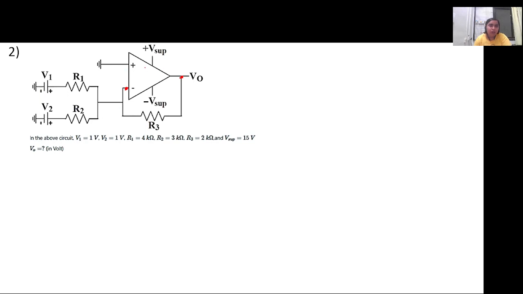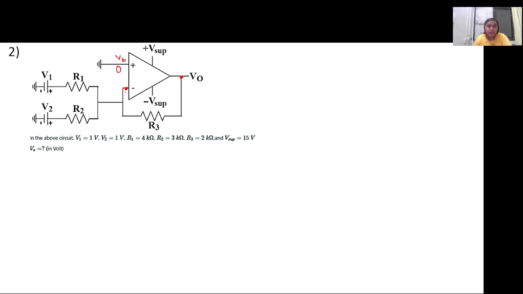Now for this circuit, two voltages and two resistances are connected across the inverting terminal, and the feedback loop is connected by resistance R3. The non-inverting terminal is connected to the ground, which is at 0 volt.